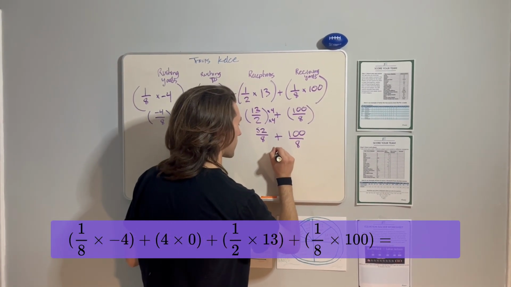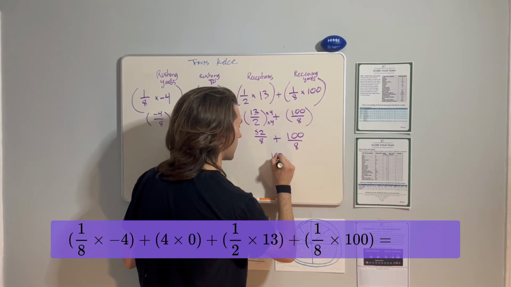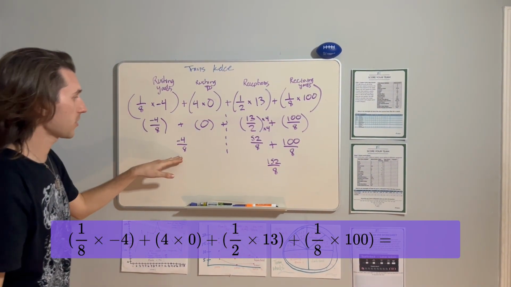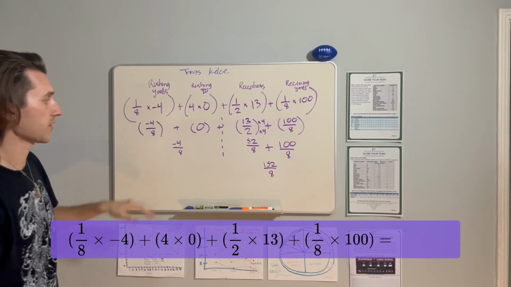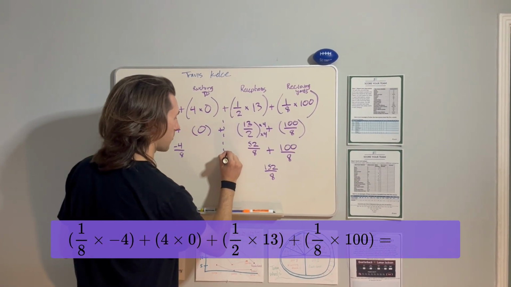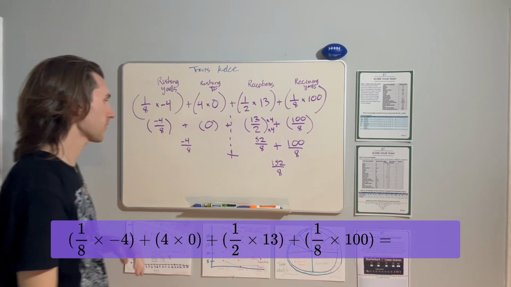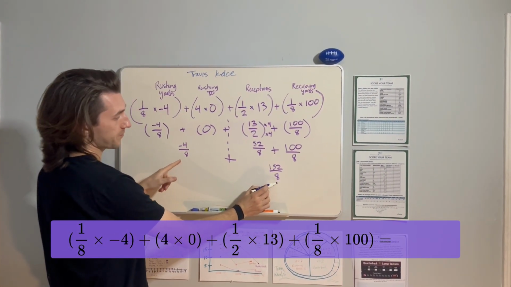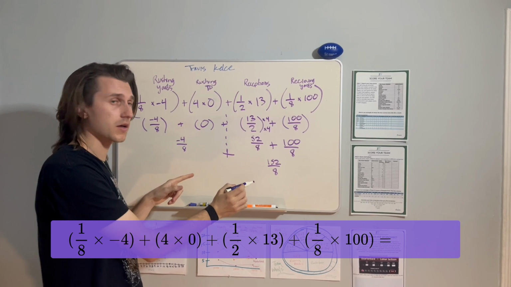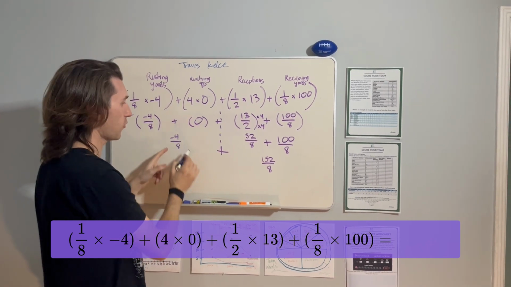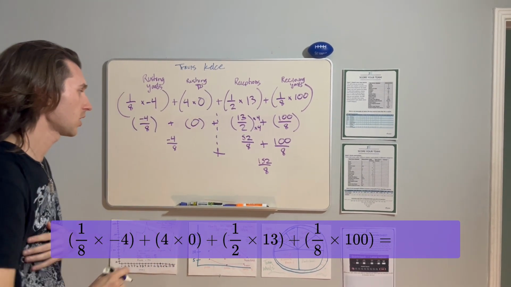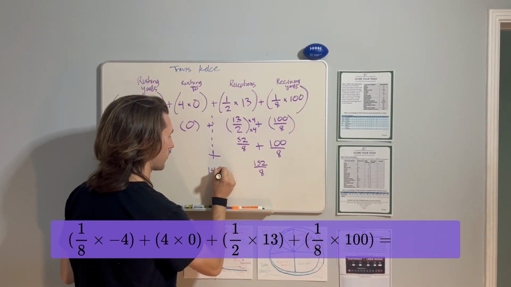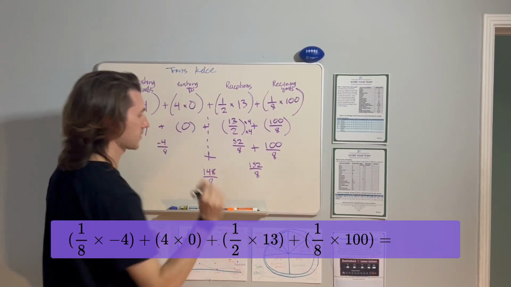So we're going to be left with 152 over 8. Now we can go ahead and remember our other half of the equation. Reminder that we were adding these 2 numbers together. Once again, our denominators are the same, so that makes it easy on us. All we do is negative 4 plus 152. We're going to end up with 148 over 8.